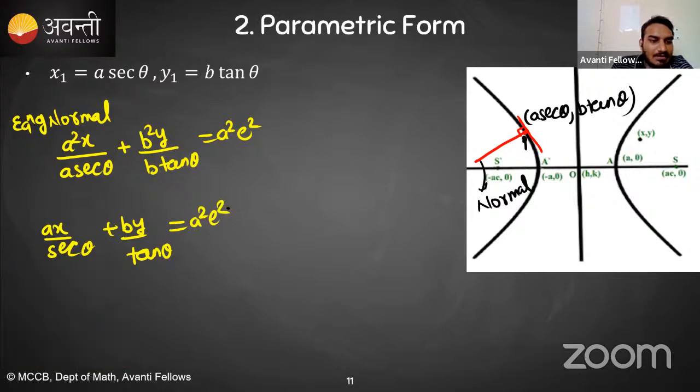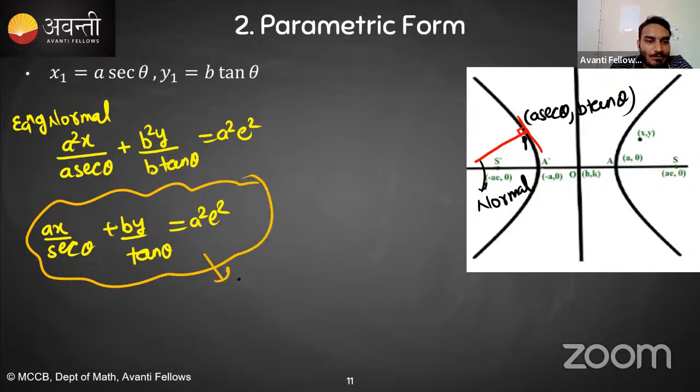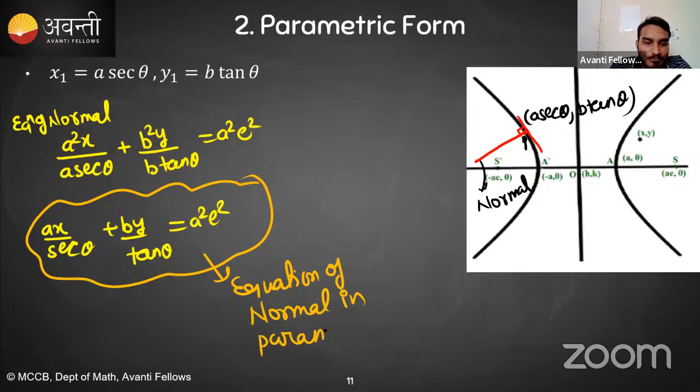Is this clear everyone? So this is the equation of normal in parametric form. Clear everyone? Tell me quickly in the chat box. Is this clear or do you have any doubt in it?